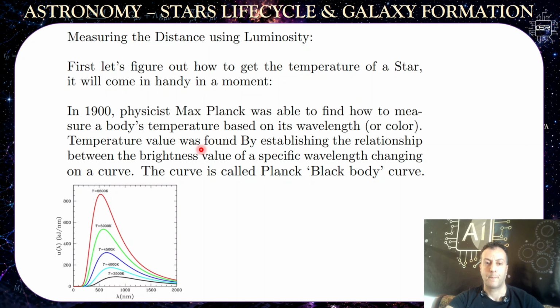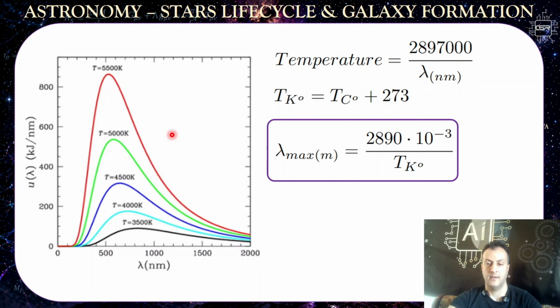So again, the temperature value was found by establishing the relationship between the brightness value of a specific wavelength changing on a curve. The curve is called the Planck blackbody curve, which is visualized here in this lower left illustration. This sketch presents the relationship between the brightness of a wave, its wavelength, and their relationship to the temperature.